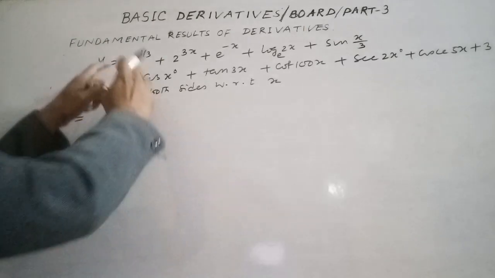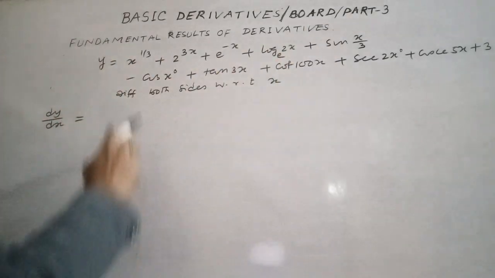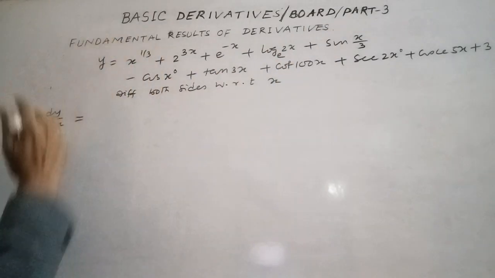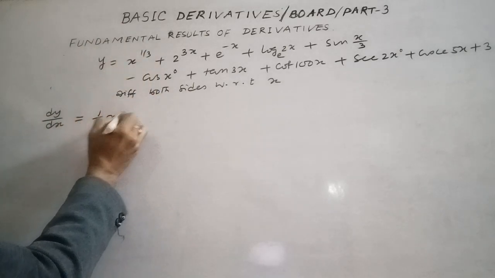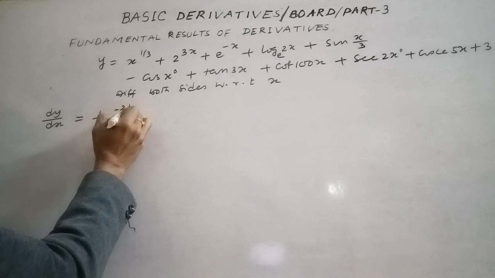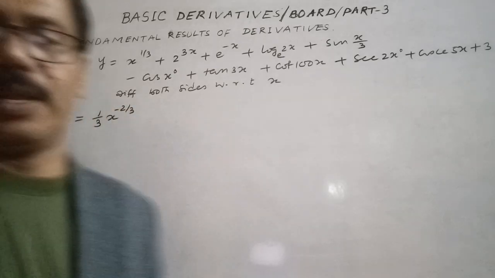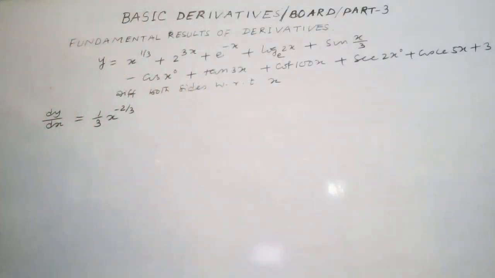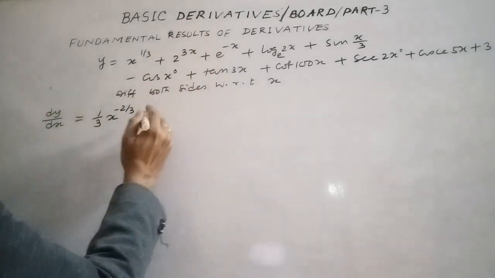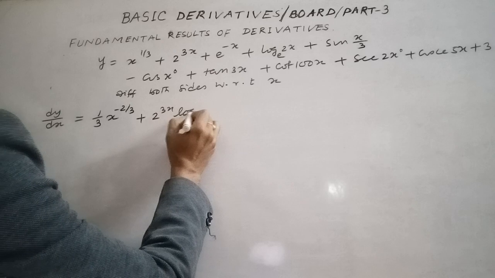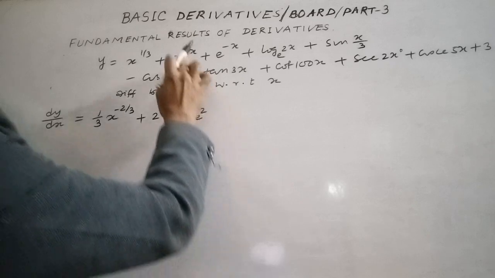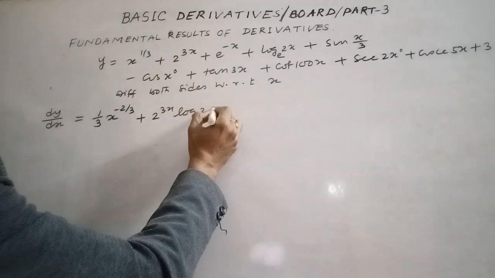I am not writing sequential steps. So the derivative of x to the power 1 by 3: n is constant, so 1 by 3 minus 1, 2 by 3. Then 2 to the power 3x, so 2 to the power 3x into log 2 base e into the coefficient of x.